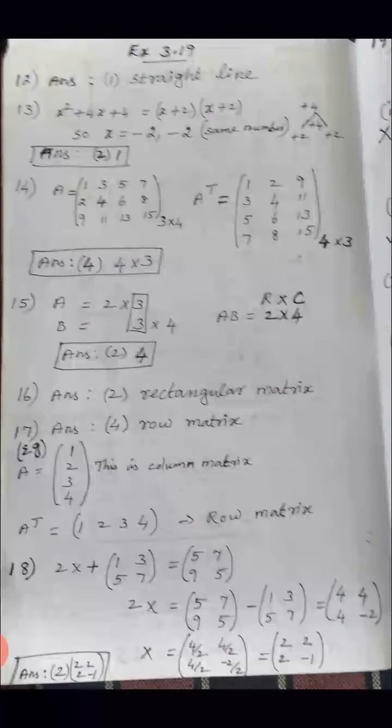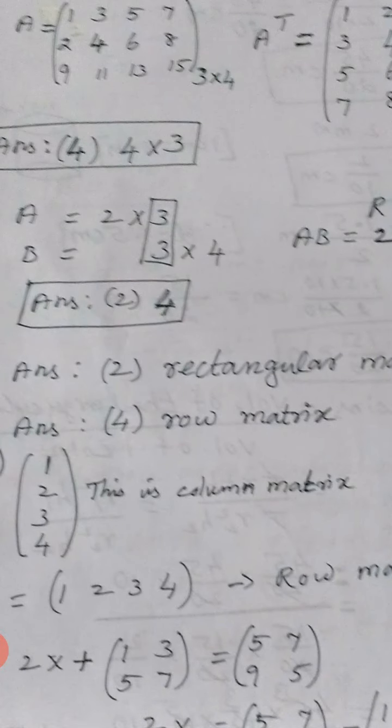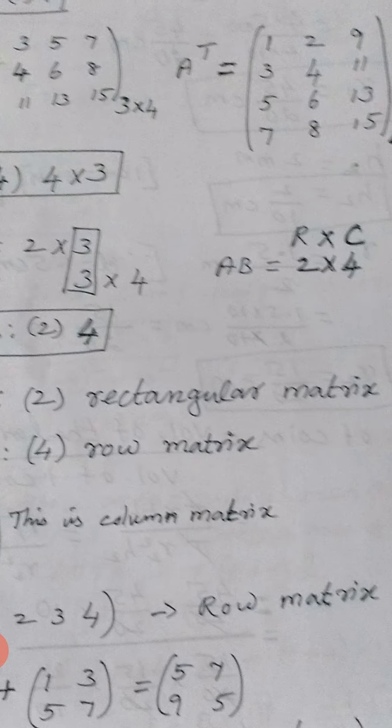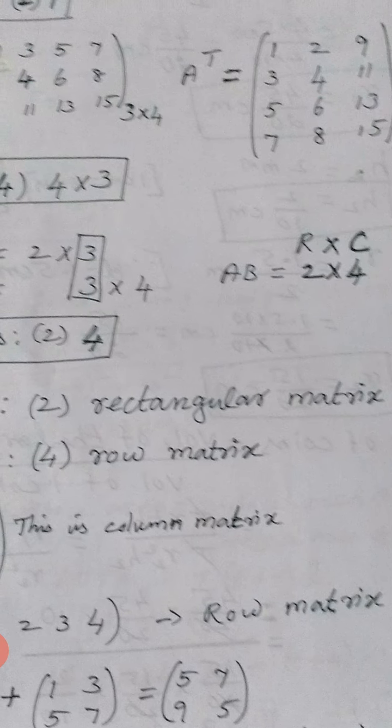Next, 15th one. If A is 2 by 3 and B matrix is 3 by 4, how many columns does AB have? Okay, so see here A equal to 2 by 3 and B equal to 3 by 4. That 3 and 3 are the same, equal. So the order of AB is 2 by 4, the remaining elements.